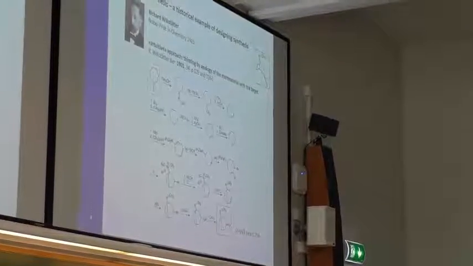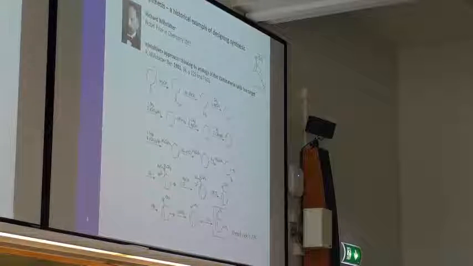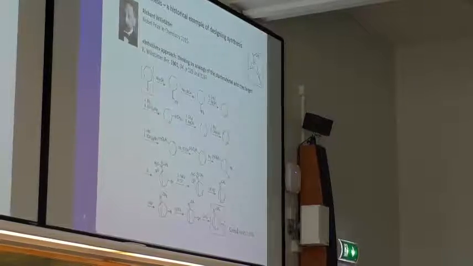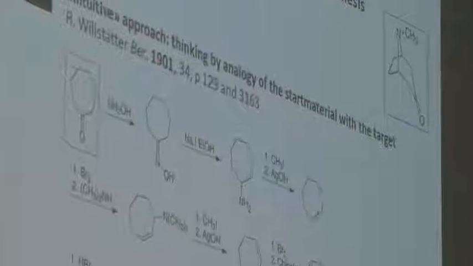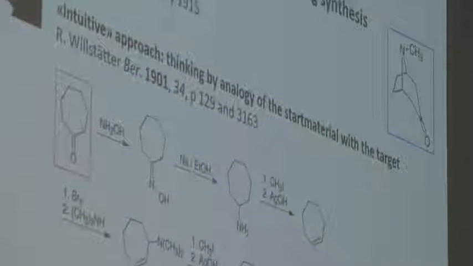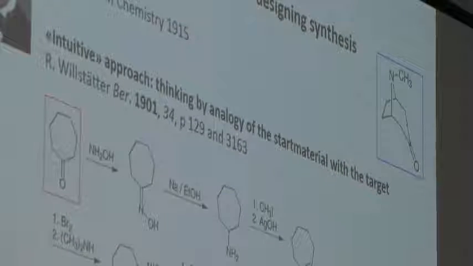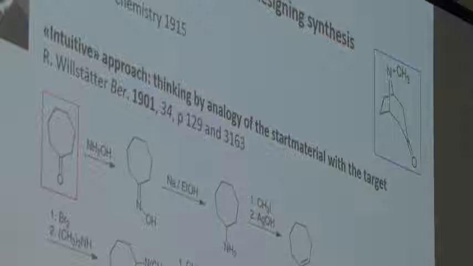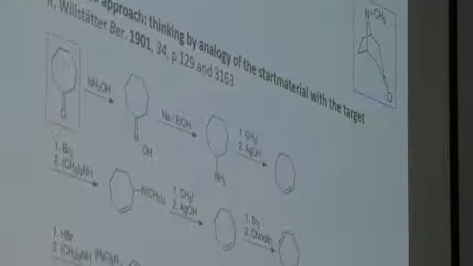In 1901, Richard Willstätter published the first total synthesis of tropinone, an alkaloid sharing the same tropane core structure found in atropine and cocaine. This tropinone is also a precursor for preparing atropine and cocaine.